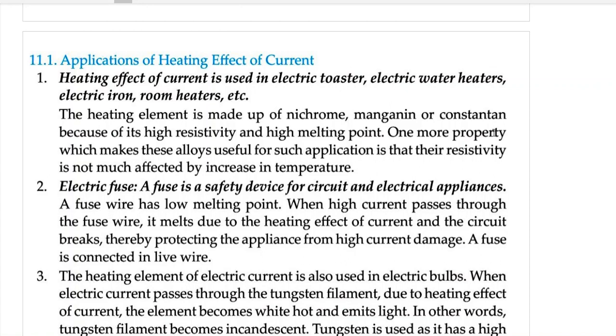So in the exam, they might ask you the question: why are nichrome, manganese, and constantan materials suitable for making a heating element for a device which generates heat? You can say that these materials have high resistivity, so they will generate more heat on the passage of electric current. Also, they have a high melting point.